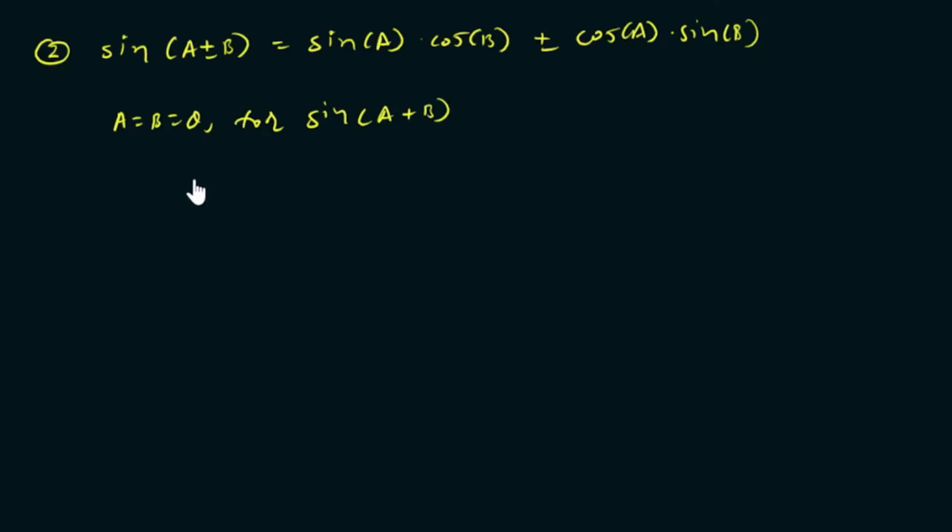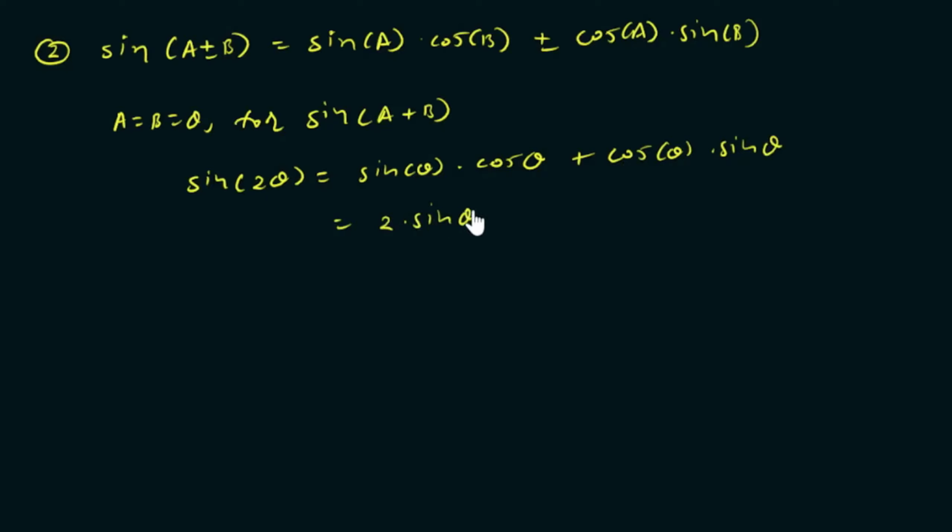So sine theta plus theta will be sine 2 theta. Sine theta into cos theta plus cos theta into sin theta. So here we will get 2 sin theta cos theta. This is the most important trigonometric identity, which is sin 2 theta equals 2 sin theta cos theta.